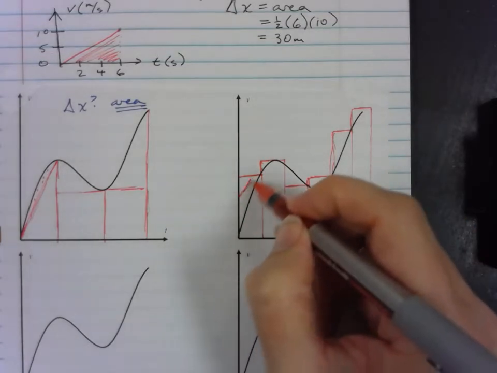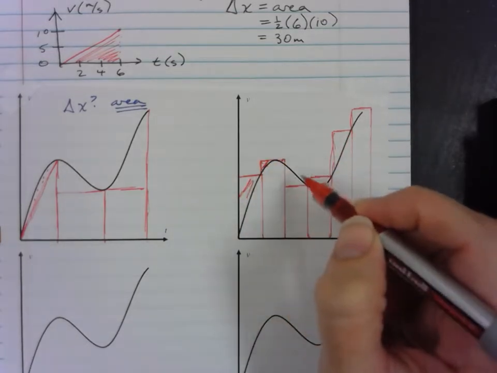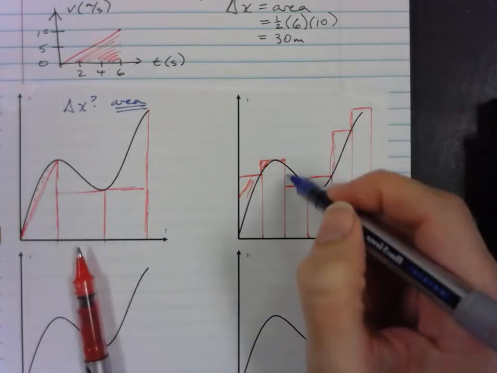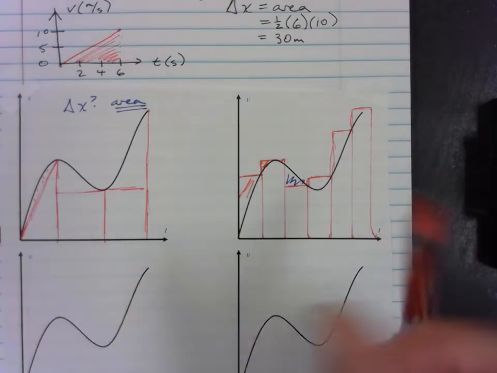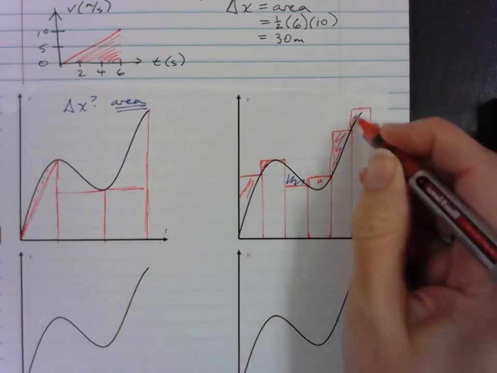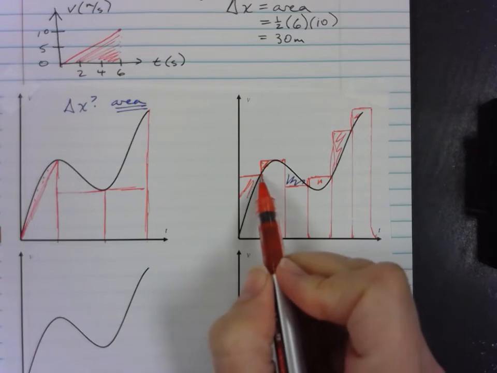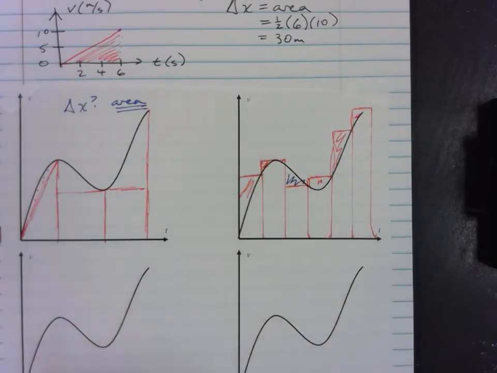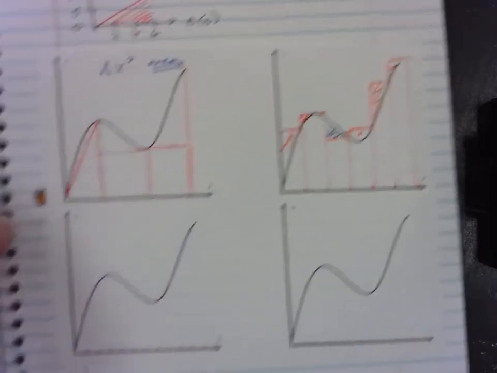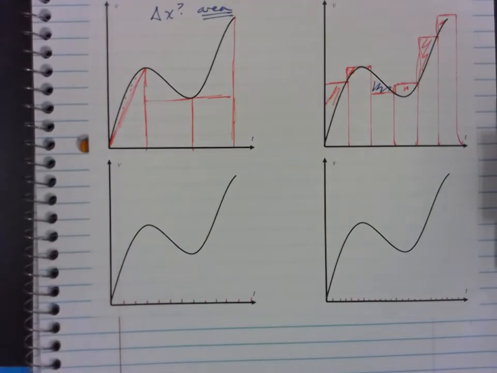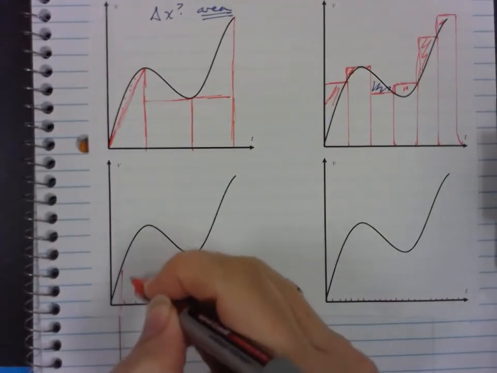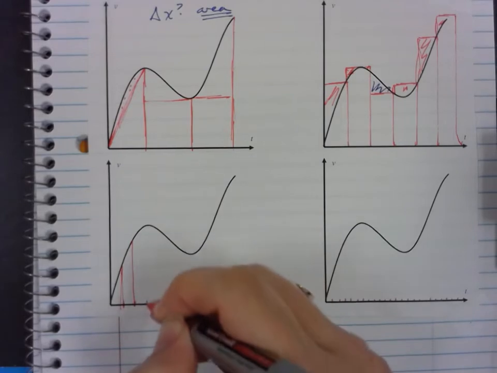I've got a little bit of over area here, over here, over here. I'm missing area right here. I'm over here, I'm over here. And there are ways to adjust this. We could make this the midpoint of the rectangle. Or we could do more rectangles. So on this one, I'm not going to use the ruler this time.